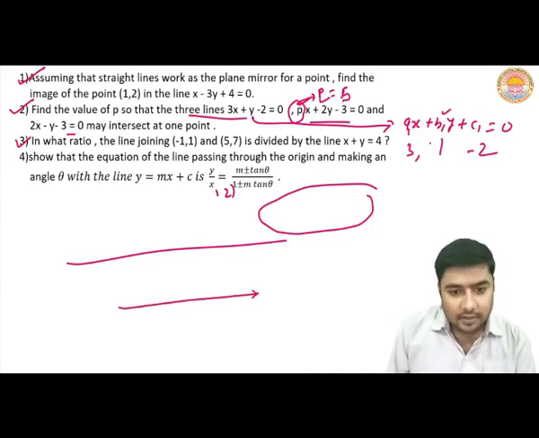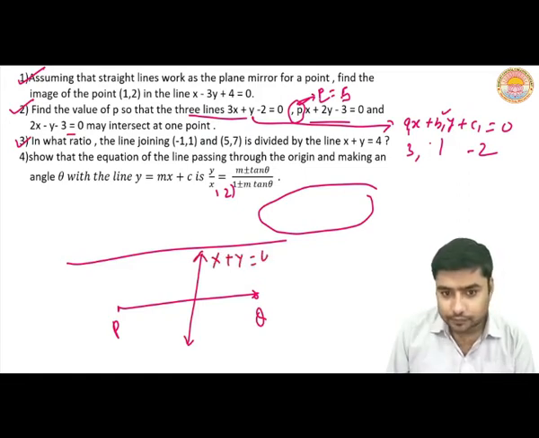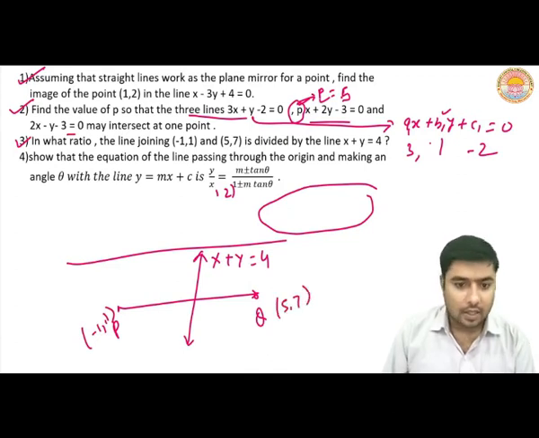A line segment is PQ, and a line intersects this. The equation of the line is given as x plus y equals to 4, and the points are (-1, 1) and (5, 7). Let the ratio be k to 1.